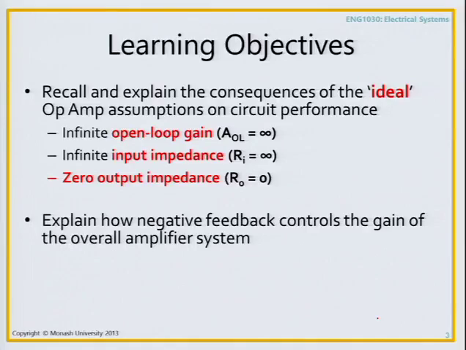There's infinite input impedance and zero output impedance. Okay? So these three things you need to remember is what an ideal op-amp is and what comes out of that. What are the consequences of this? And we want to show how negative feedback controls the gain of the overall amplifier system with a little bit of maths and the system put together.